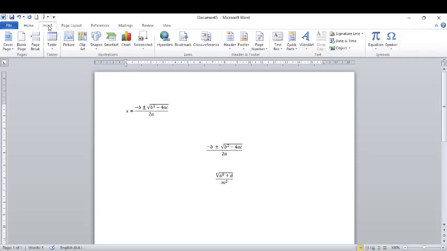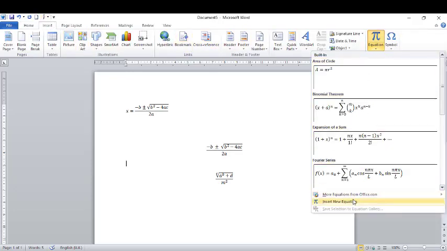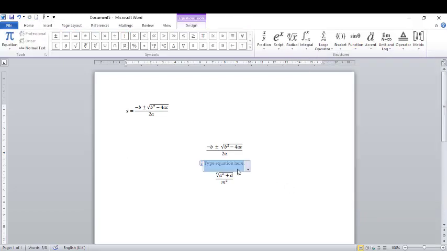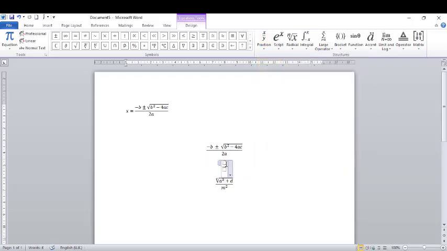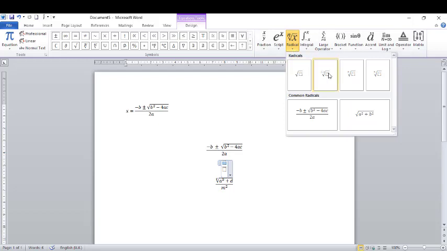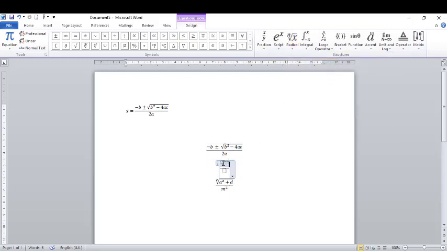What I need to do is I go to insert, go to equation, more equation, or new equation rather, then click on fraction, select this. Inside the first box, I'll go to my radical, which is this type. So inside the outer box, I have letter C. Inside the inner box, I have letter A raised to power 2, which is script.